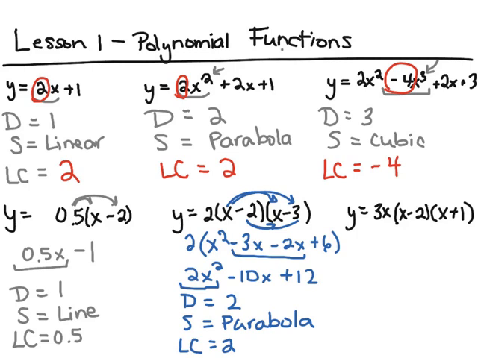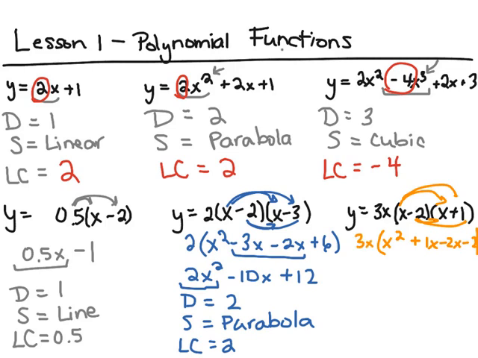For the last one, we want to get rid of our brackets. So we expand. This is x squared plus 1x minus 2x minus 2. The whole thing is multiplied by 3x.